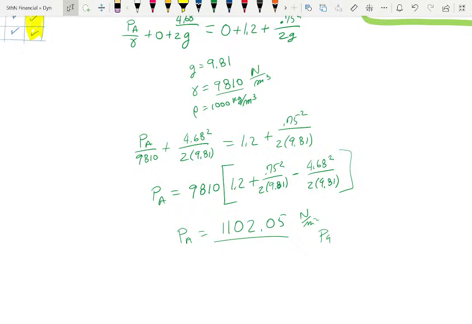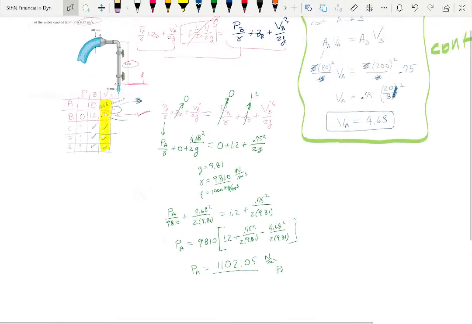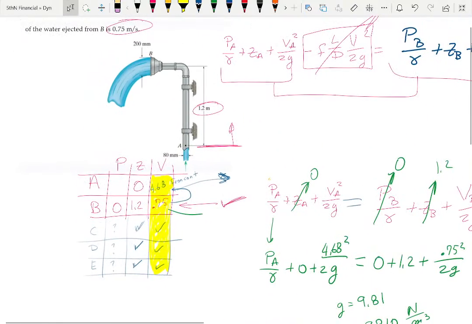All right, that's cool. That was it. There's really not anything else to find. If he had said, what's the pressure right here or here, we'd have more things to calculate.